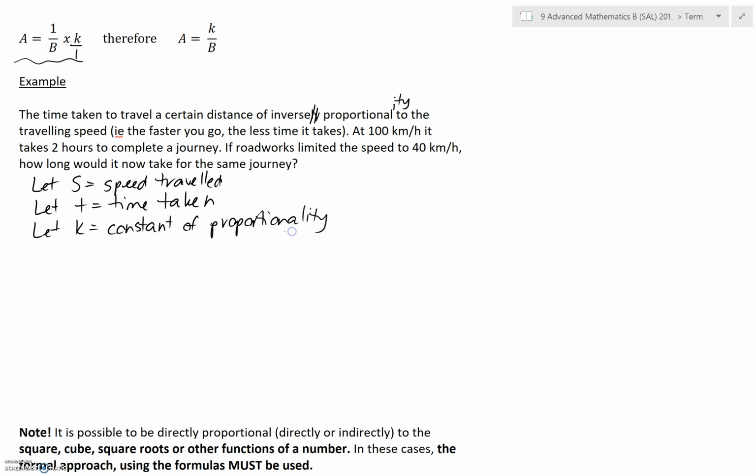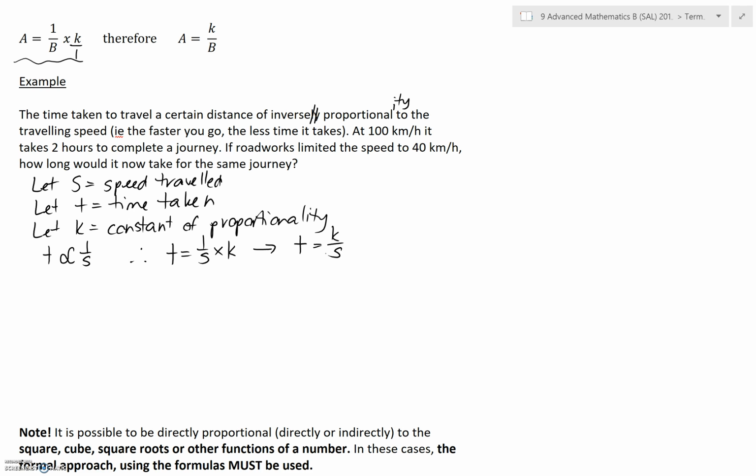Okay, so write your equation. T is directly proportional to 1 over S because they are inversely proportional. It tells us that. So we can write this as T equals 1 over S times the constant of proportionality, which leads us to simplifying further, T equals K over S.